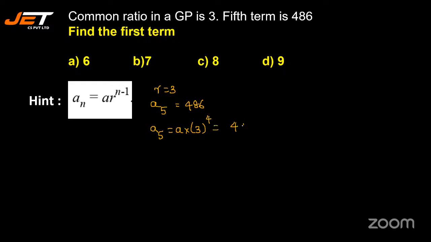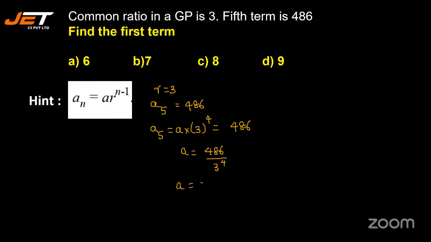So 486 equals A into 3 to the power 4, so A is equal to 486 divided by 3 to the power 4. Now what is 3 to the power 4? 3 into 3 into 3 into 3, which would be 81.